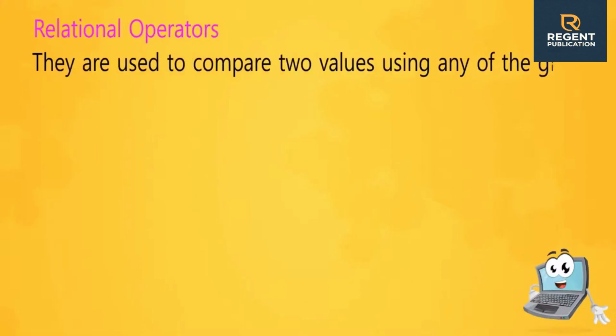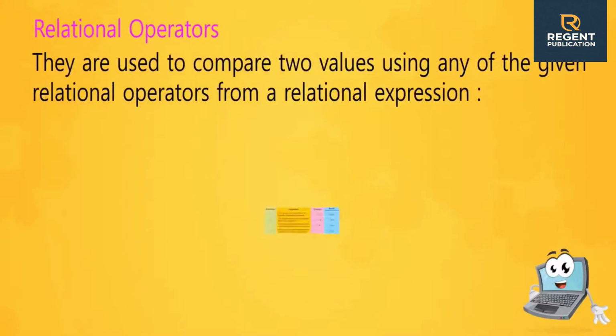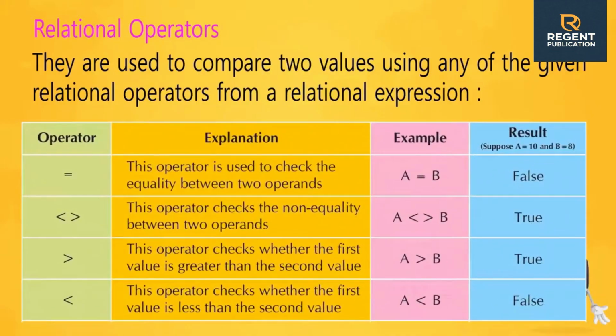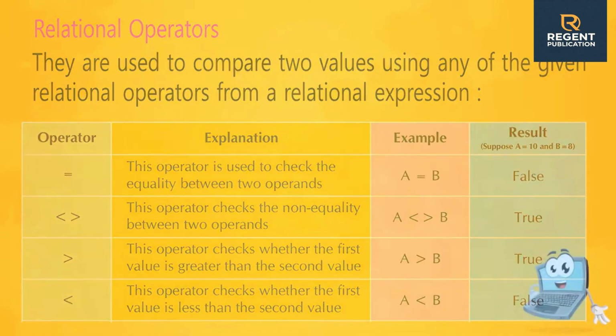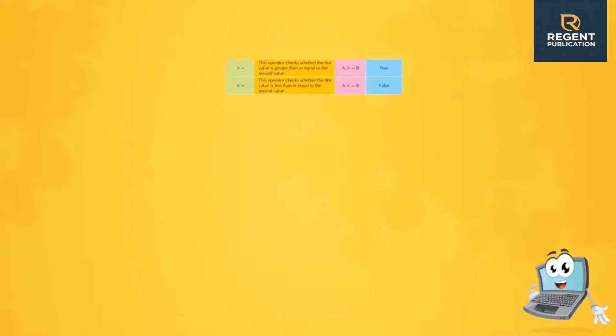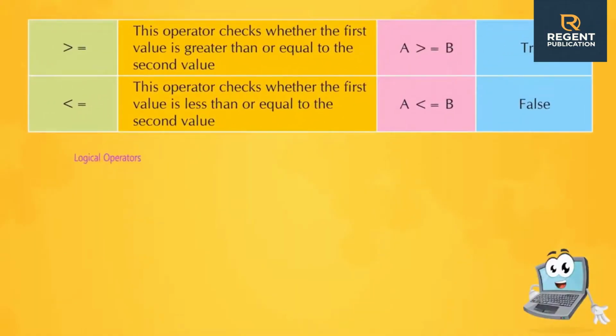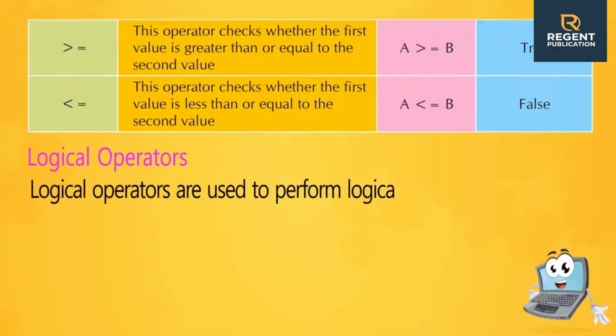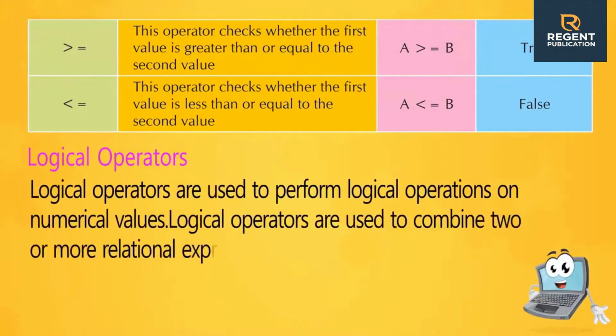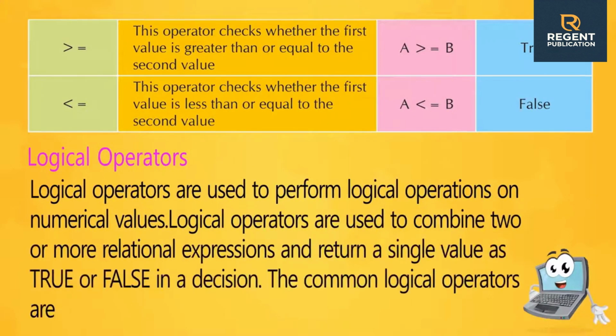They are used to compare two values using any of the given relational operators to form a relational expression. Logical operators. Logical operators are used to perform logical operations on numerical values. Logical operators are used to combine two or more relational expressions and return a single value as true or false in a decision. The common logical operators are AND, OR, NOT.